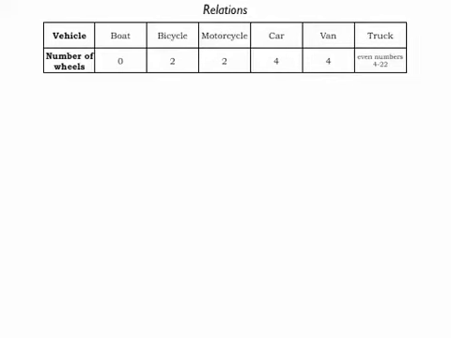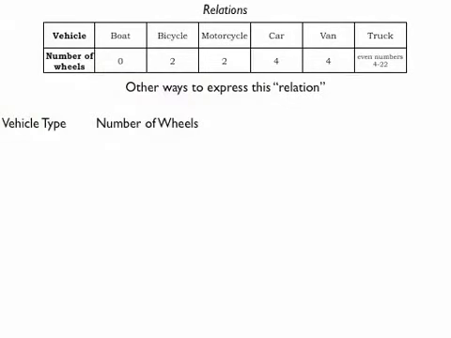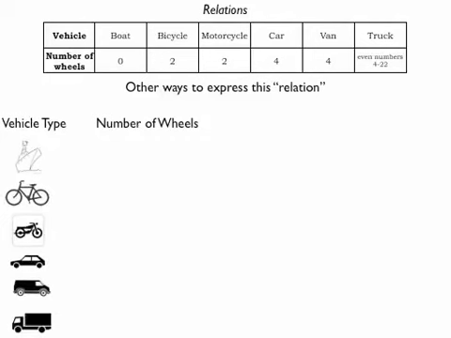Now we have to be able to express relations in different ways. Okay, your boss, whenever you get to your job, may not be a table kind of person. So there's other ways of doing this. One way would be to make what's called a mapping. And so you could list the vehicle type in one column and the number of wheels in the other. So under vehicle type, I'm going to draw some pictures here because I love art.